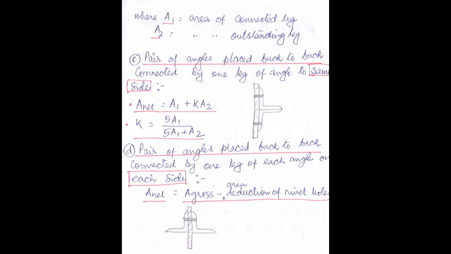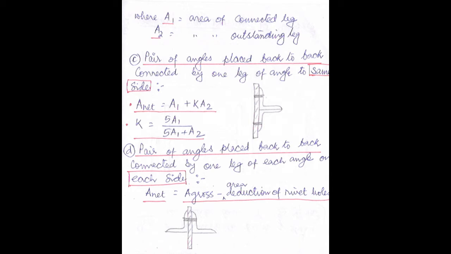The last case is the pair of angles placed back to back connected by one leg of each angle on each side. Understand the language over here. The previous case was on the same side. See the arrangement. Here on each side means the gusset plate is inside, in between, and on each side two angles have been placed.